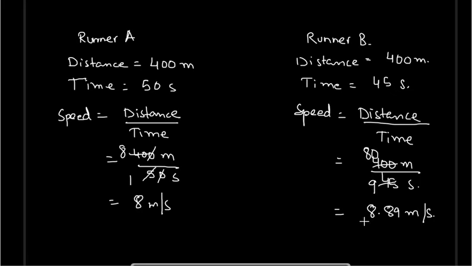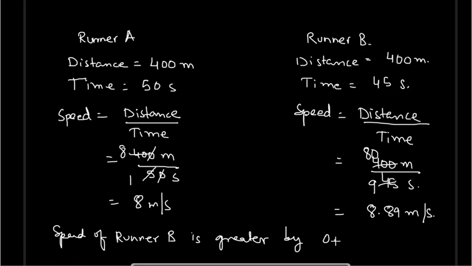So we know that runner 2 or runner B is faster than runner A, has more speed than runner A. So the speed of runner B is greater by 0.89 meter per second, approximately.